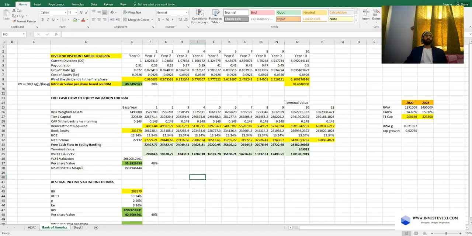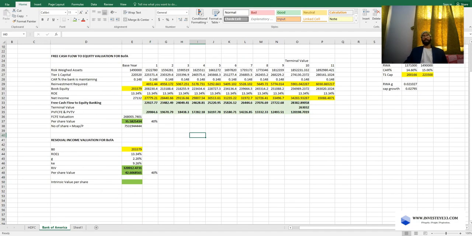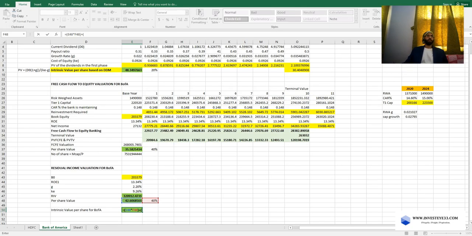Now here we have a proper way of doing things. So let me now use the weightages and find out what is coming to be my conclusion of intrinsic value per share for Bank of America. Now this is equal to residual income multiplied by 40%, which is the weightage, plus free cash flow valuation multiplied by again 40%, plus dividend discount valuation multiplied by 20%.